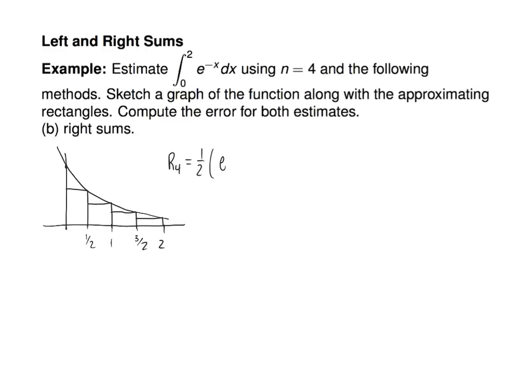What's my first thing I plug into e? And then e to the -1. Next comes e to the -3/2, and lastly is e to the -2. And that's approximately 0.666.